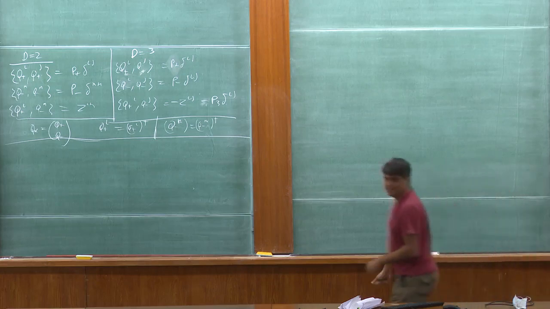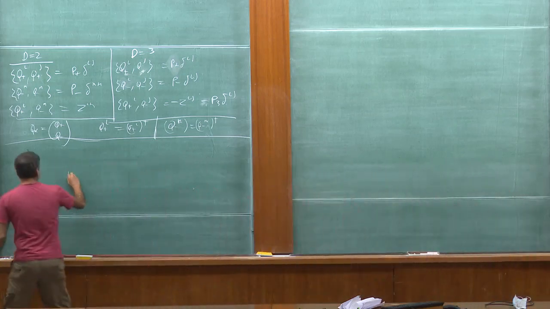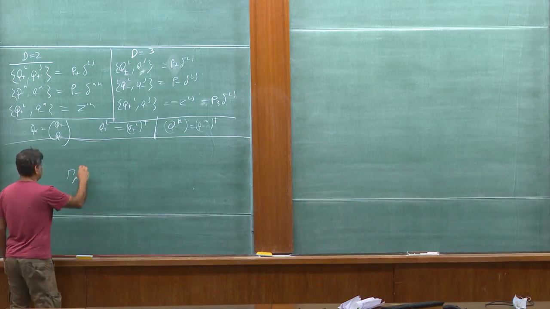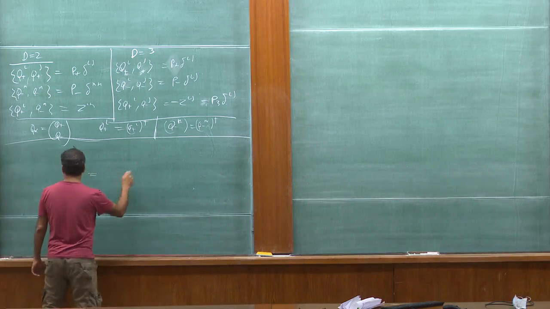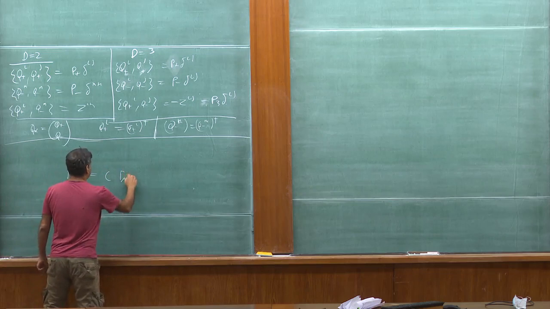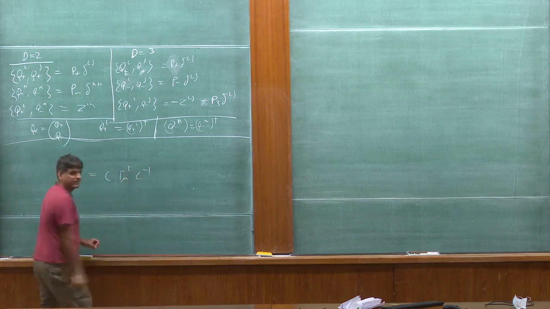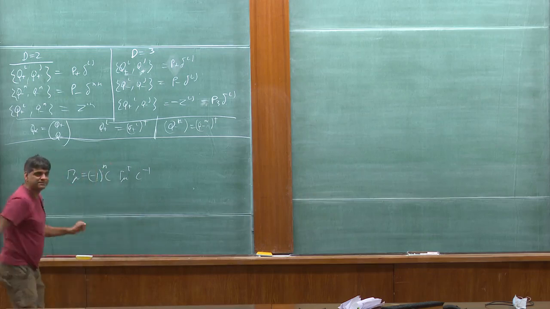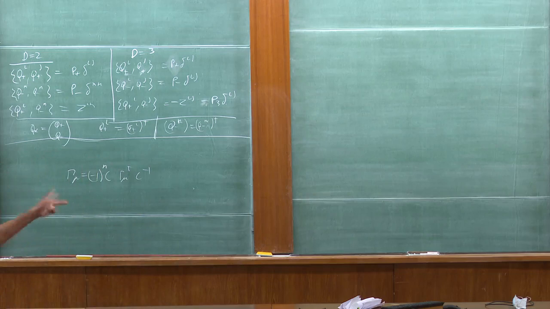How do we see that? You see, we have this relation that gamma mu was equal to, how did it go? C gamma mu transpose C inverse. Maybe it's a minus 1 to the power n. Please correct me if I've got some order wrong. Okay.